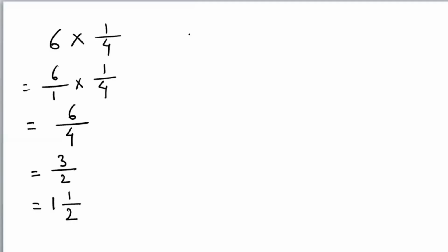Take another one. 2 multiply with 7 over 9. First we have to change the whole number into a fraction. When you change the whole number into a fraction, you simply put the number 1 in the denominator place. Nothing more you have to do. Then 2 times 7 will be 14.